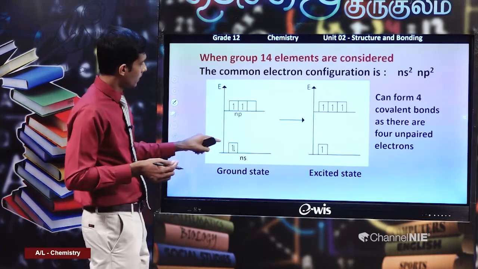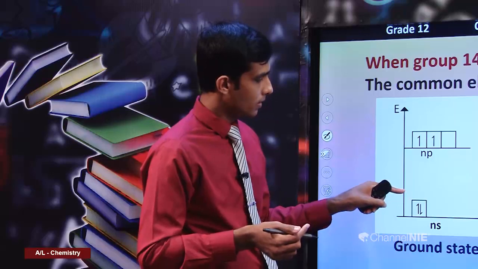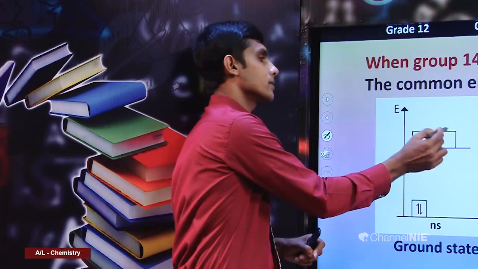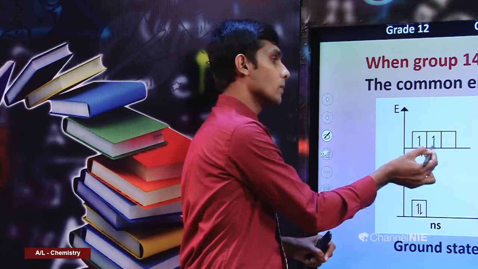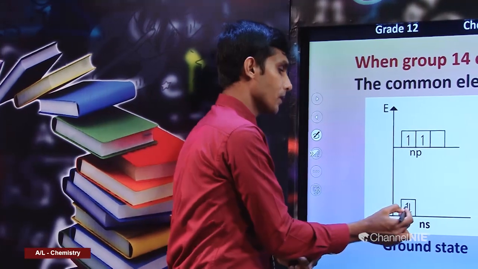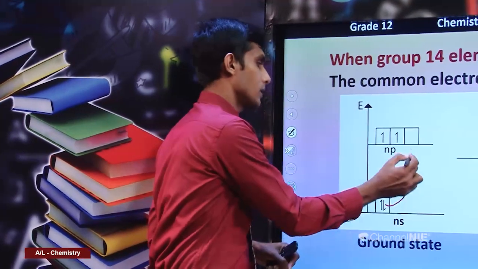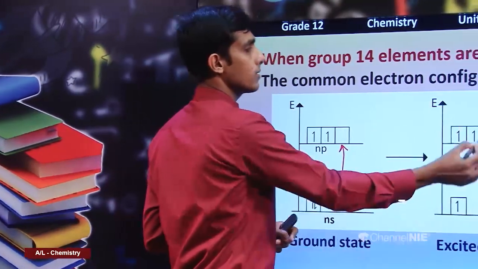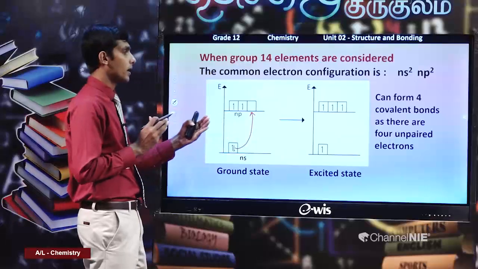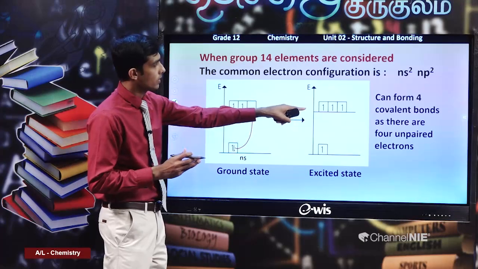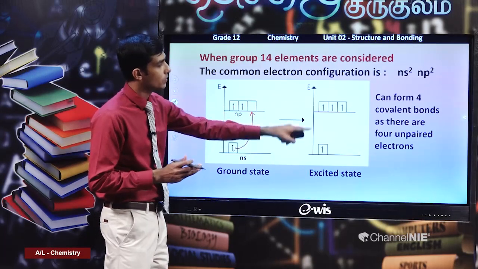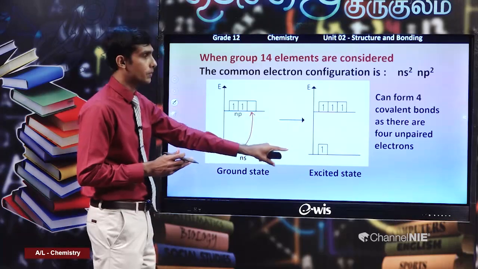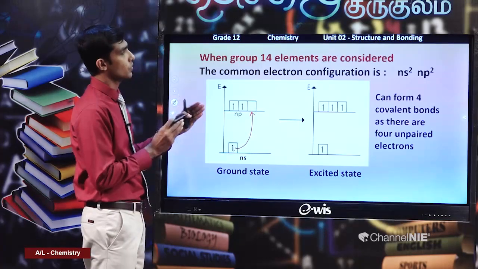Here you have low energy sub-energy level paired orbitals, high energy sub-energy level empty orbital. So if one electron goes to this empty orbital, then you will end up with 3 unpaired orbitals. That means 3 unpaired orbitals here plus this unpaired orbital, altogether 4 unpaired orbitals. That means now it can form 4 covalent bonds.